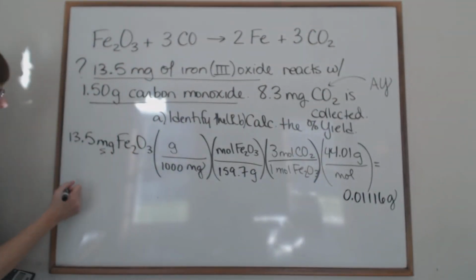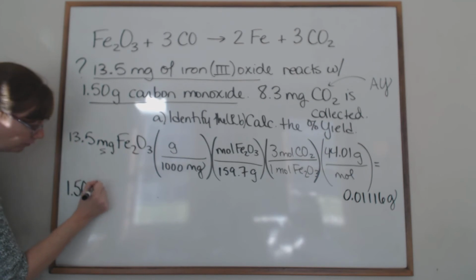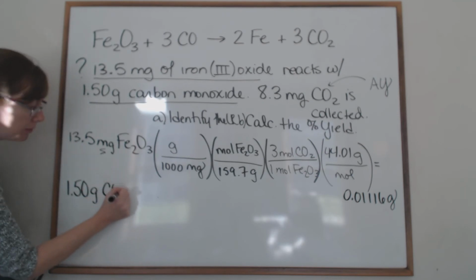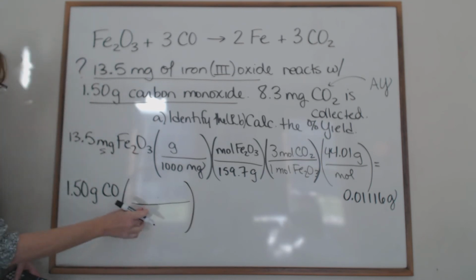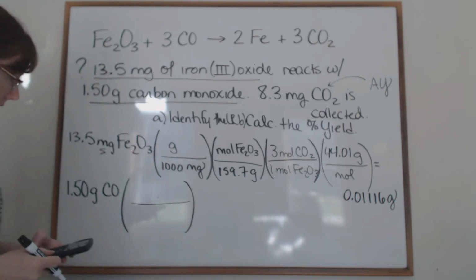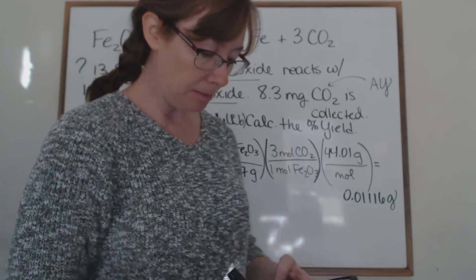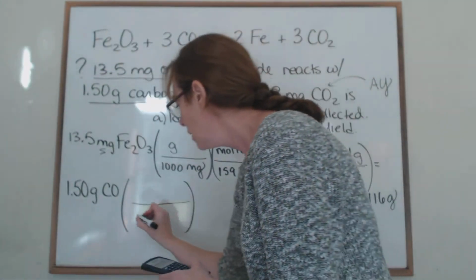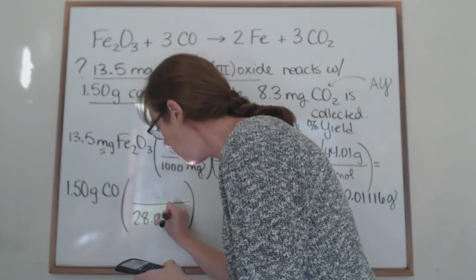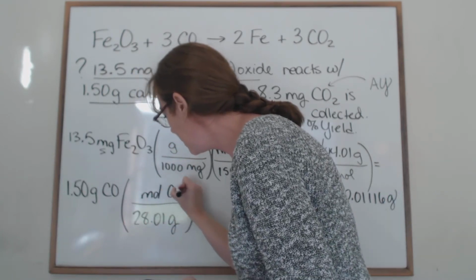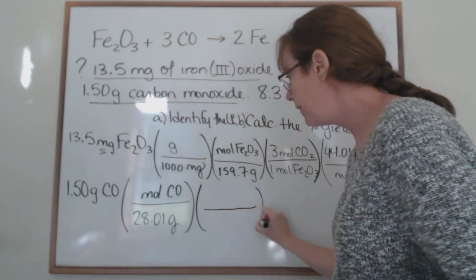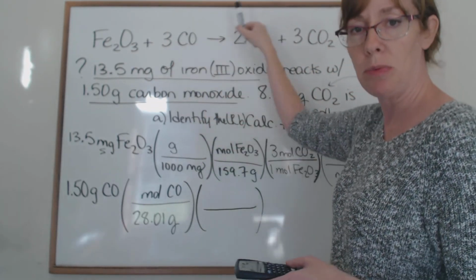And now the other starting amount. 1.50 grams of carbon monoxide. This one is not in milligrams, so I don't need to do a metric conversion there. Carbon monoxide is 28.01 grams per mole of CO. Now I'm ready for my mole ratio to figure out how much product it can make.